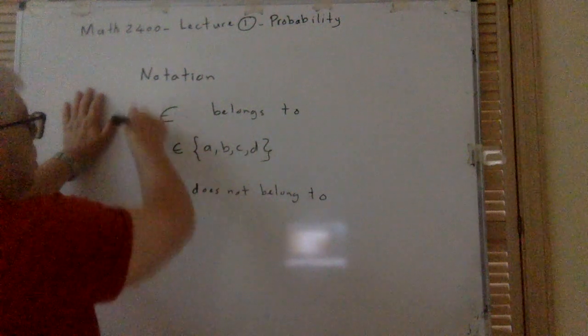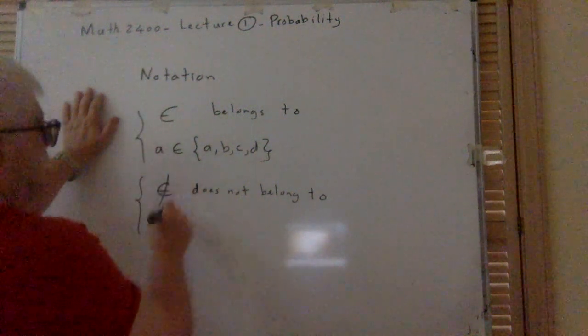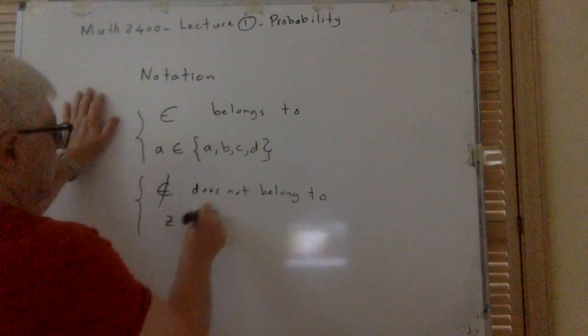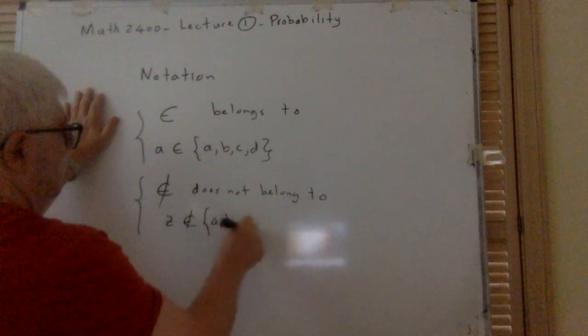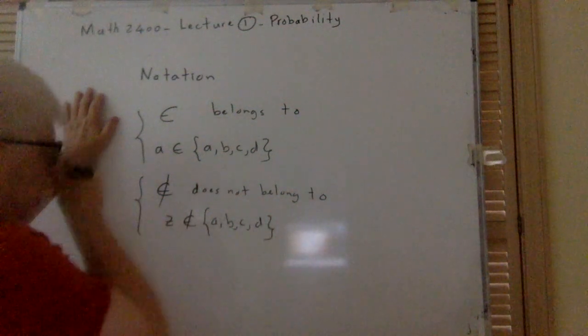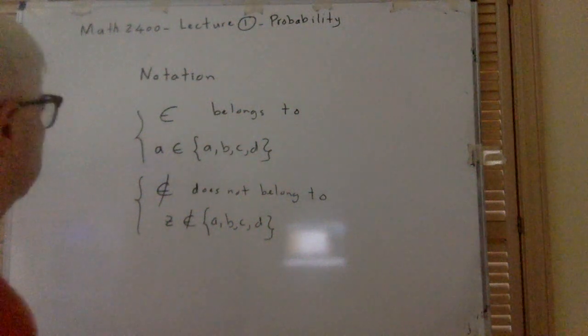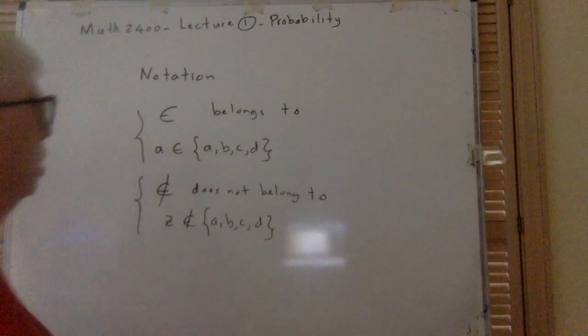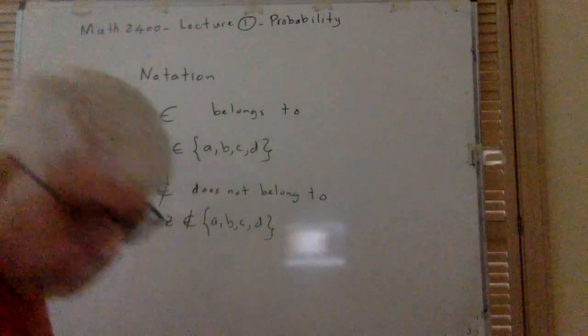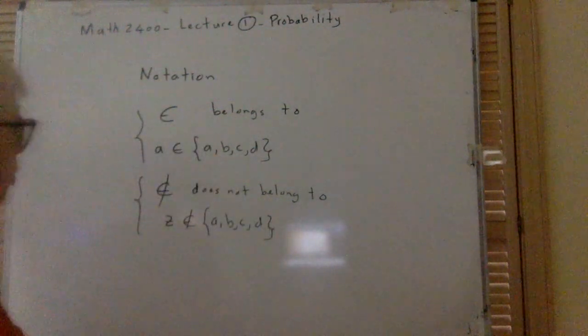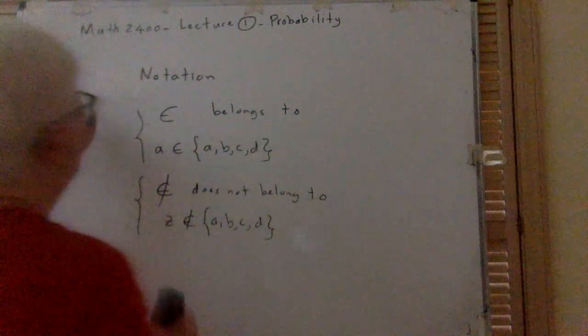For example, I can say Z does not belong to this set. Belongs to is like a small epsilon. It's not epsilon, but it looks like epsilon. We'll use it anyway.